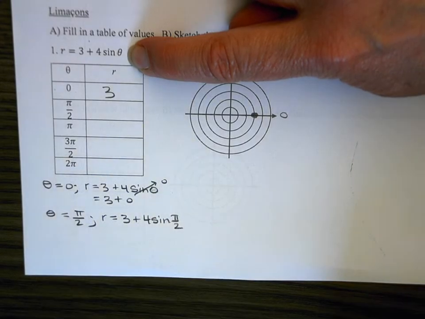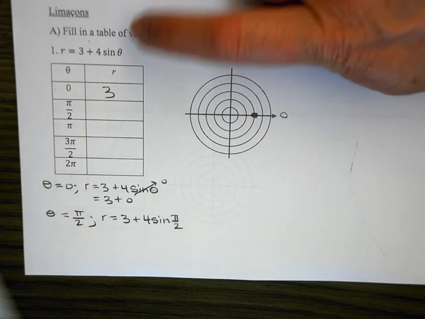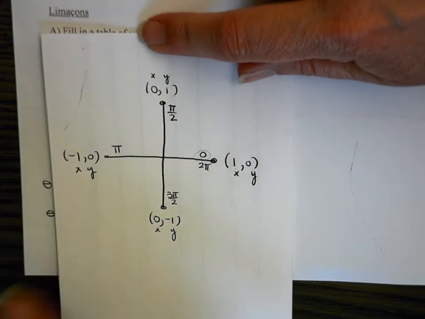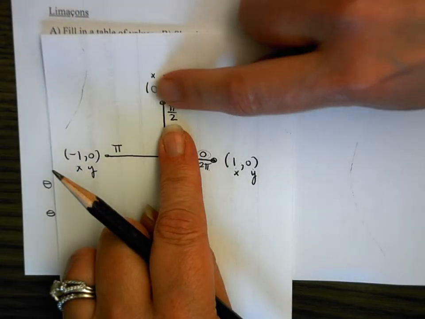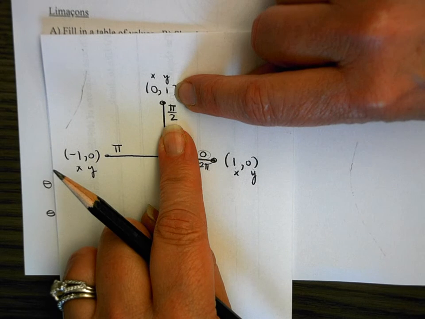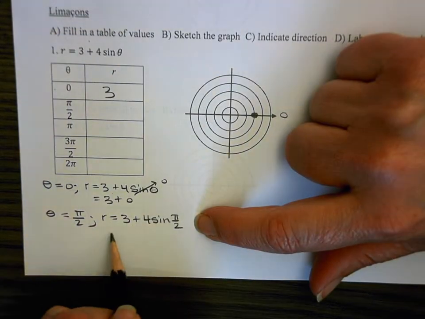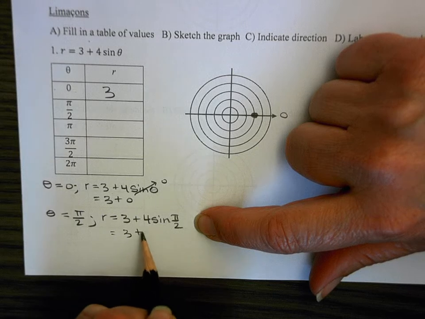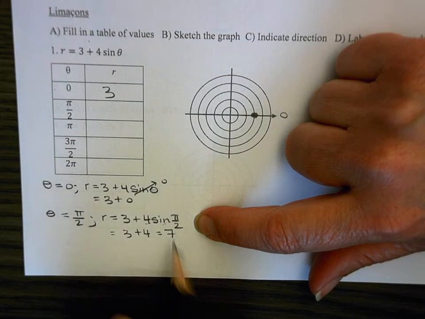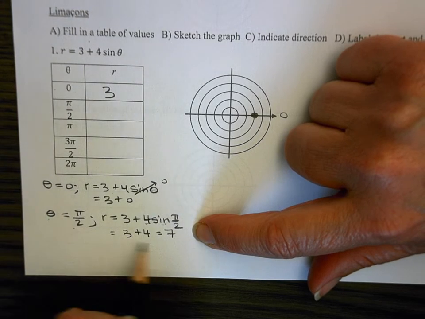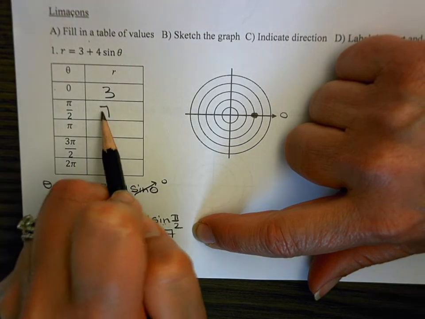Again, we're just using our unit circle. So pi over 2 is up here, and sine is my y value, so I know y is equal to 1. So sine of pi over 2 would just be 1. So this would be the same as 3 plus 4 times 1, which is 4, and then that would be 7. So when theta was pi over 2, I go at a distance of 7.